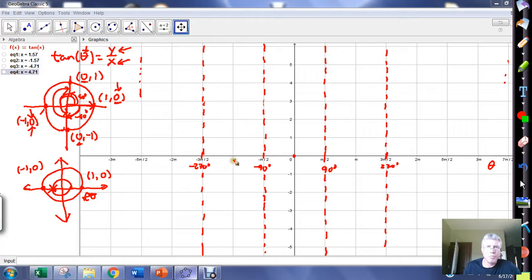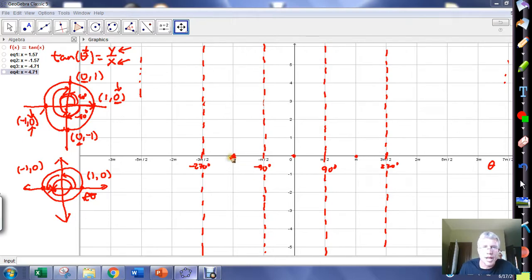So here's the -180 degree mark right here, halfway between the vertical asymptotes. Halfway between the vertical asymptotes will be where the y coordinate is equal to 0. It'll always be a 90 degree rotation away from your vertical asymptotes.